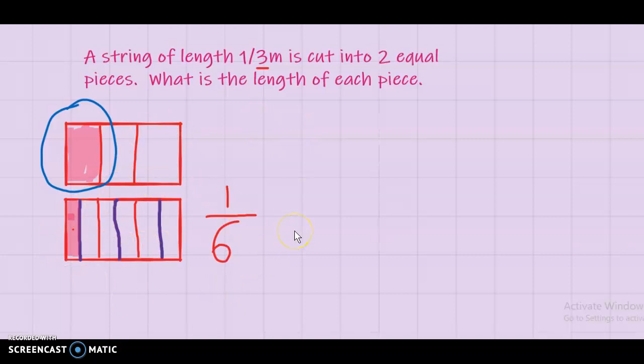So let's look at it with the algorithm. It says 1/3 meter is cut into 2 equal parts. The 2 equal pieces can also be interpreted as half. So we're going to take half of 1/3.